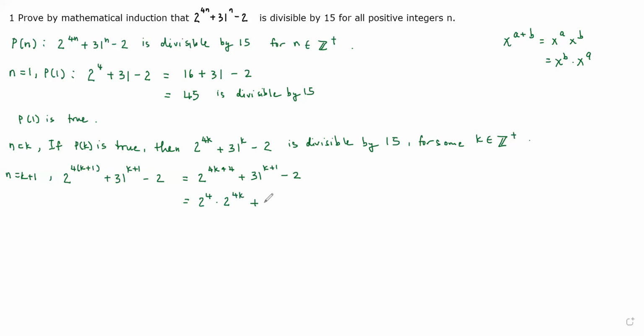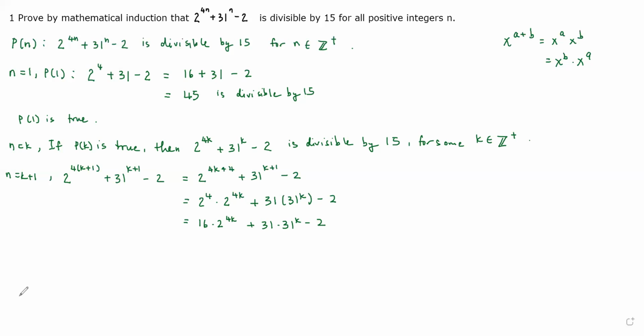Then for this second part here, we have 31 and 31 to the k minus 2. That is 16 times 2 to the 4k plus 31 times 31 to the k minus 2. We need to show that this statement is divisible by 15.